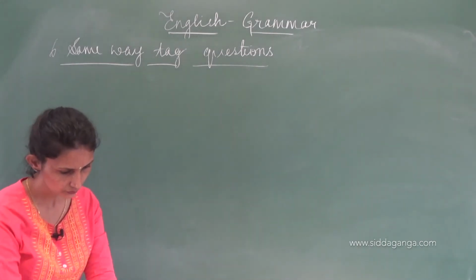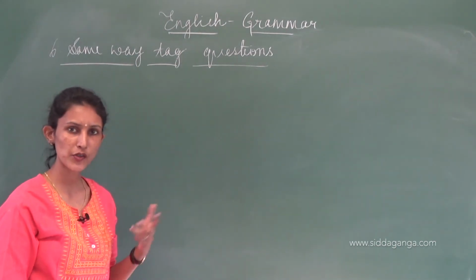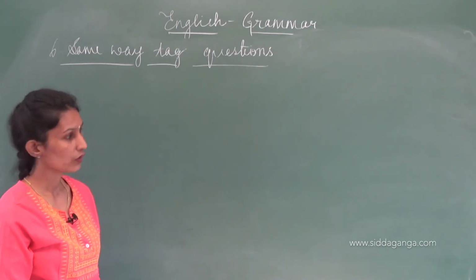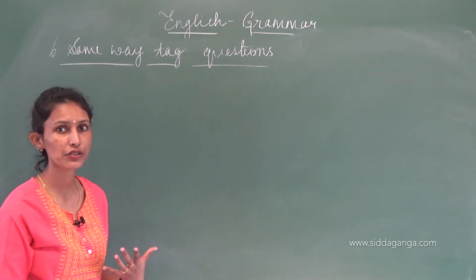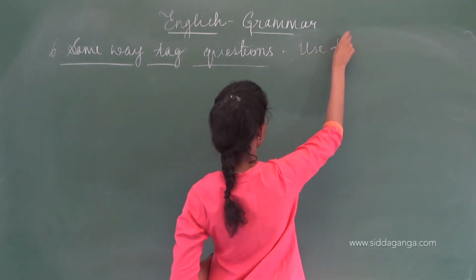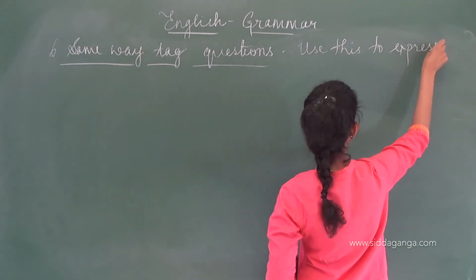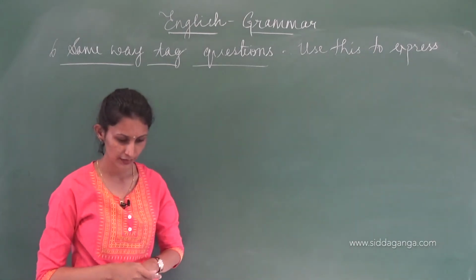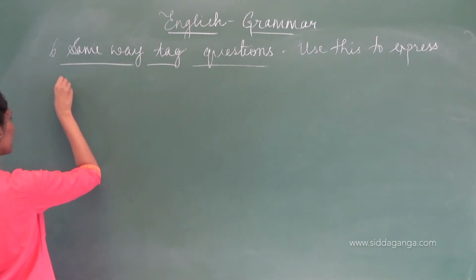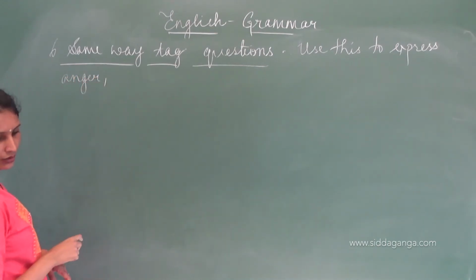Here, I told you the basic structure is positive, negative, negative, positive. Here it is positive, positive, negative, negative. Now, where do we use this? We use this to express, you can write it down, interest, surprise, anger, or certain kinds of emotions.